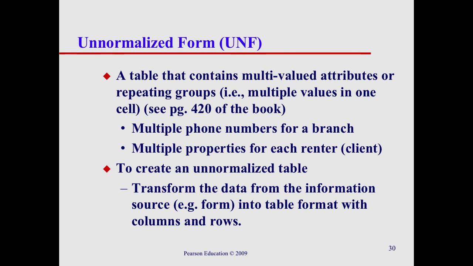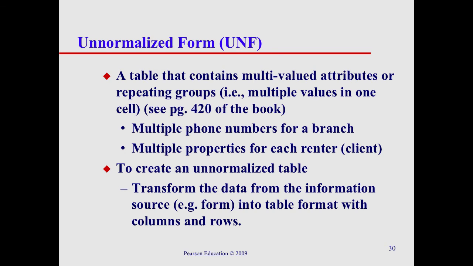So the unnormalized form is where you don't have one value per cell. You have either multi-valued attributes in your cells or you have repeating groups.